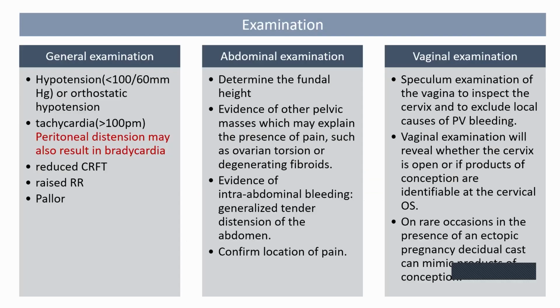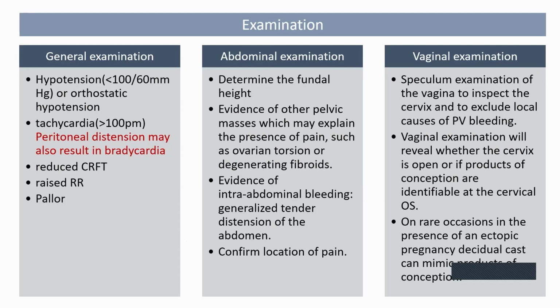When we get a patient like that, we have to examine to exclude the other differential diagnoses. This patient may be pregnant, having an intrauterine pregnancy and bleeding with a threatened miscarriage, or actually have an ectopic pregnancy, or maybe bleeding due to any other gynecological cause.